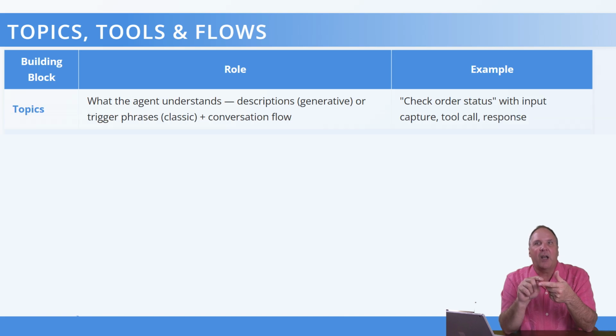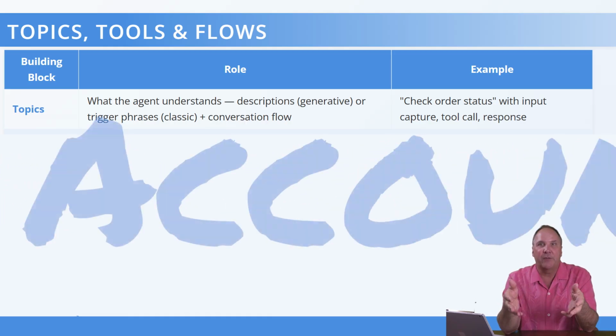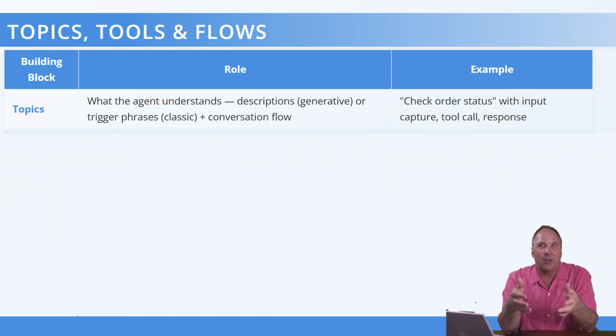A topic is a conversational scenario the agent can handle. Each topic has trigger phrases that tell the agent when to activate it, and a conversation flow that defines what happens next. For example, a banking agent might have a topic for check account balance, transfer funds, and report lost card.